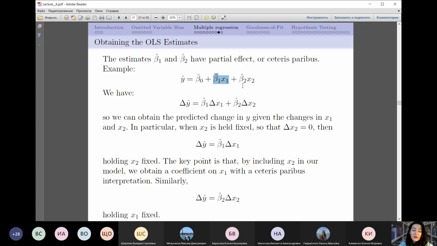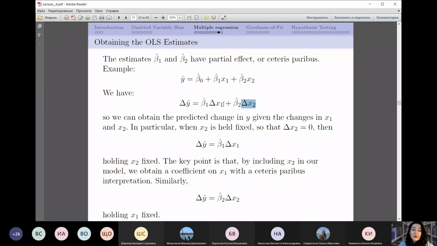And the interpretation will be, generally speaking, the same, but now we will use ceteris paribus, or holding all other factors fixed, as an additional formulation. So let's take a look at this. What does it mean? We can rewrite this equation in this form. We can obtain the predicted change, delta means change here, in y given the change in x1 and x2.